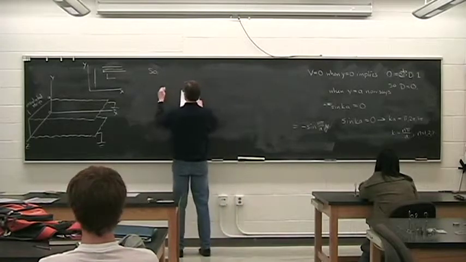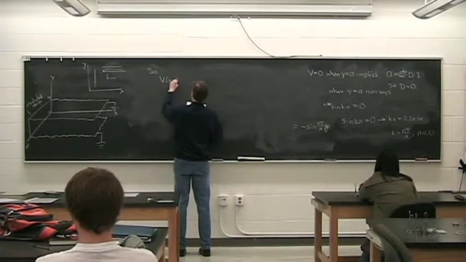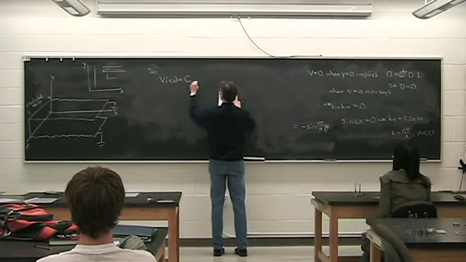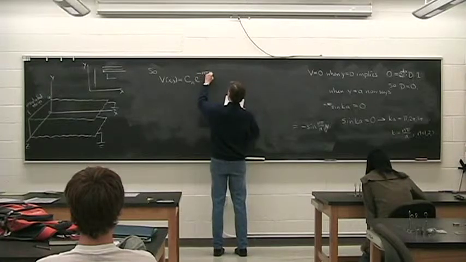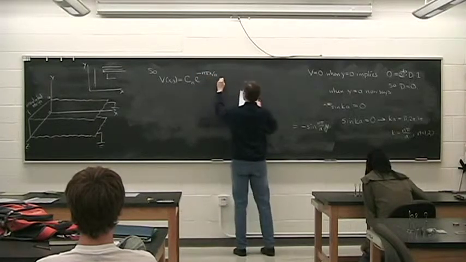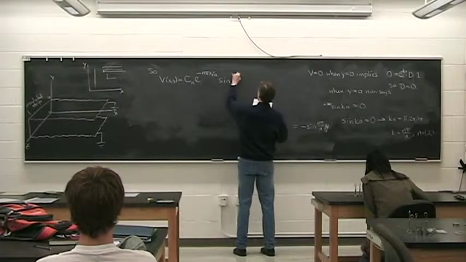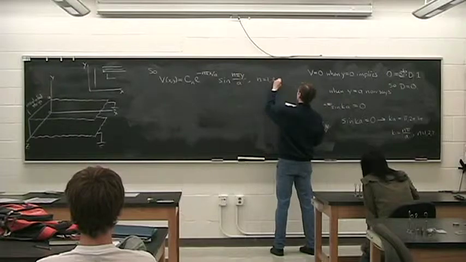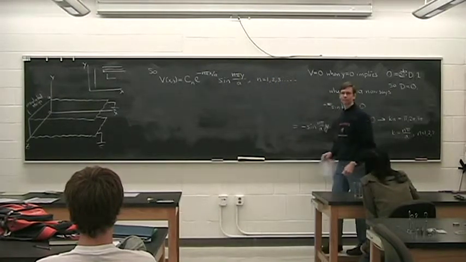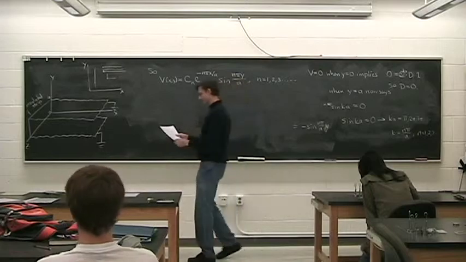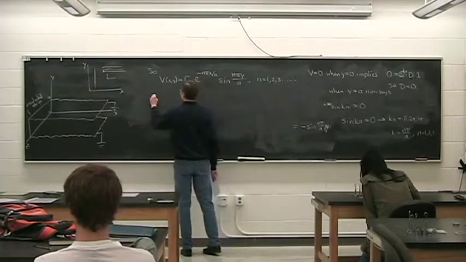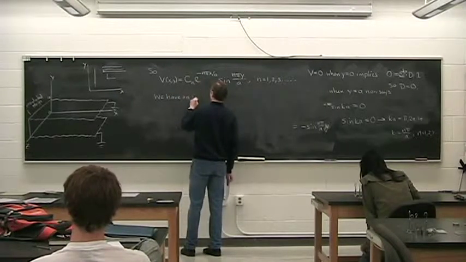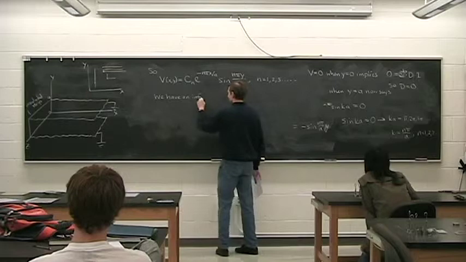All right, so v of x, y, our separable solutions have the form c sub n e to the minus n pi x over a times sine of n pi y over a for n equals 1, 2, 3, and so on.